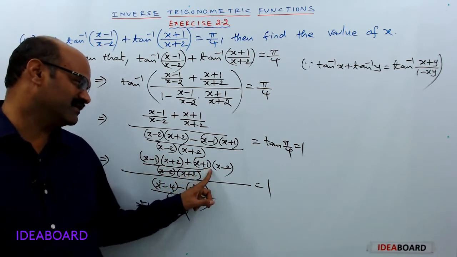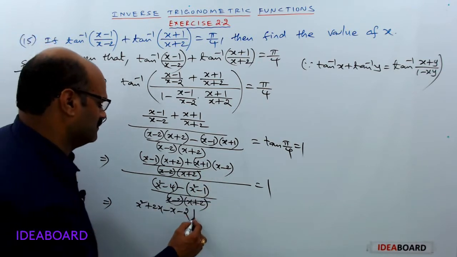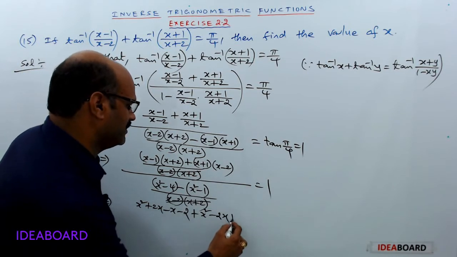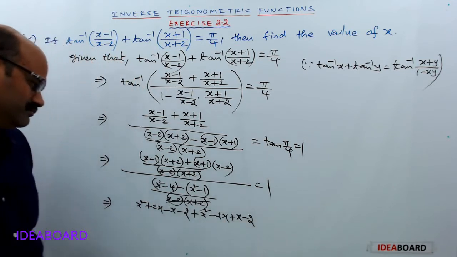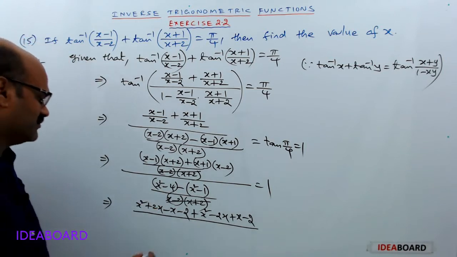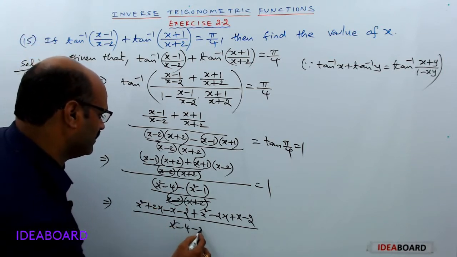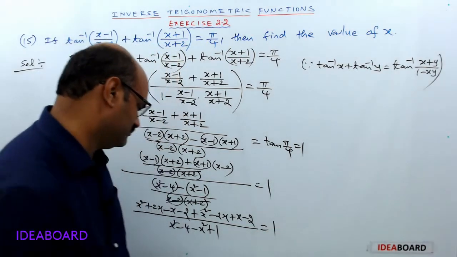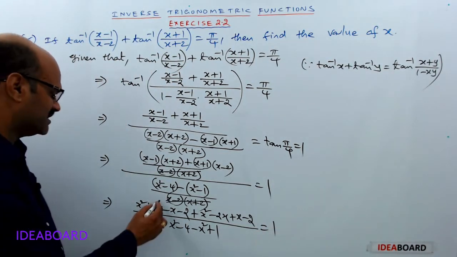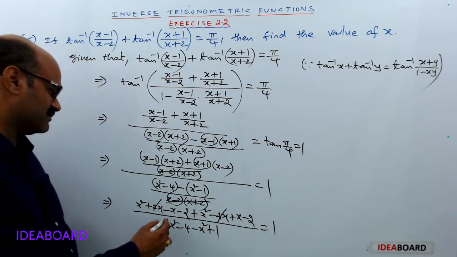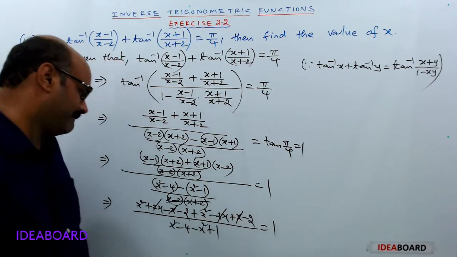Now multiply x plus 1 with x minus 2, plus x square minus 2x plus x minus 2, upon x square minus 4 minus x square plus 1 equal to 1. Now plus 2x minus 2x becomes 0. Next minus x plus x cancel.